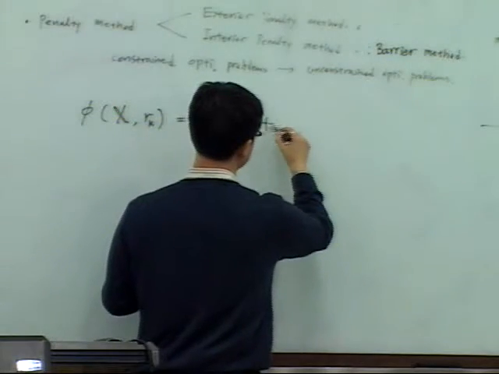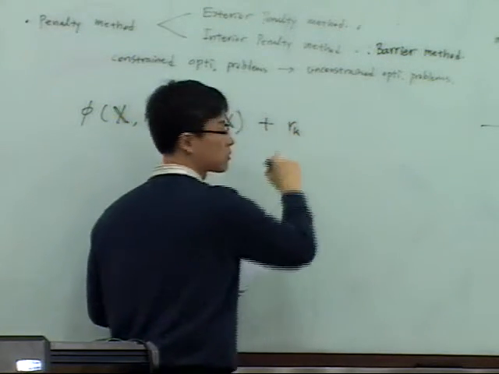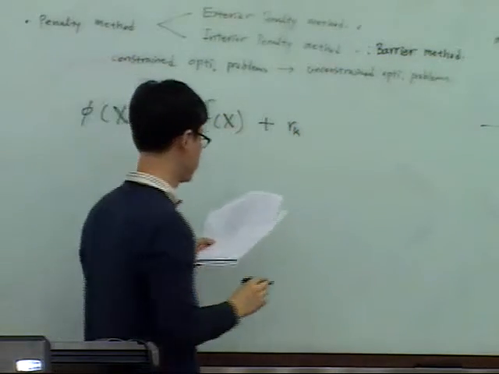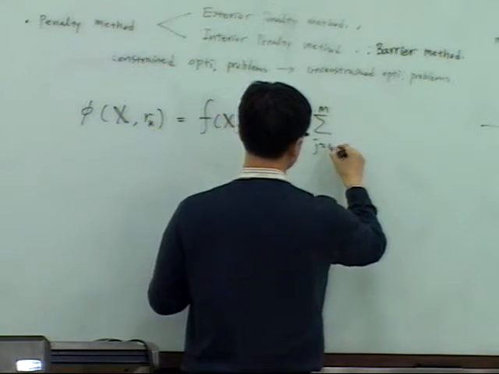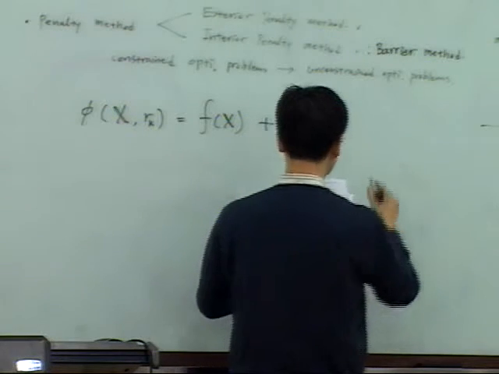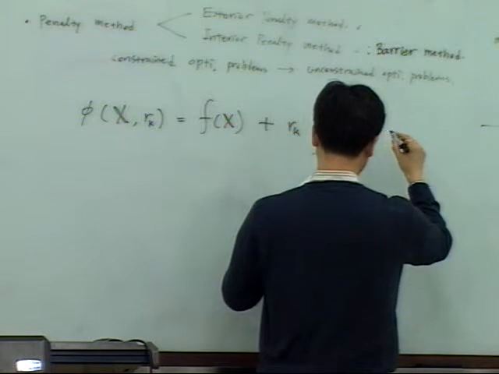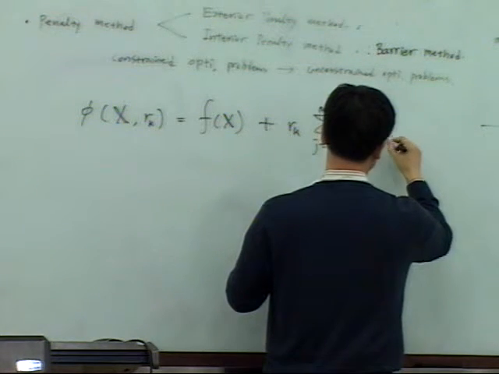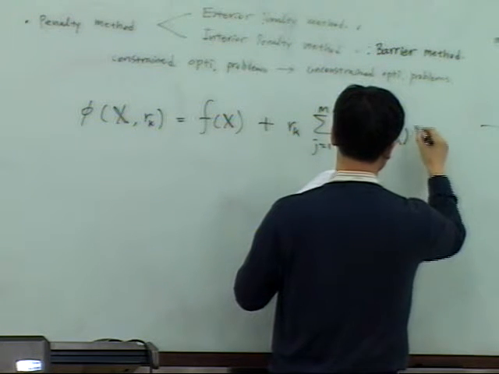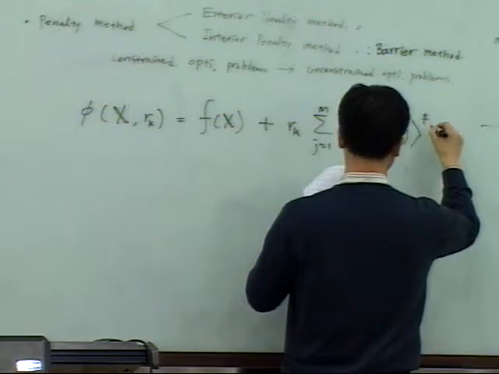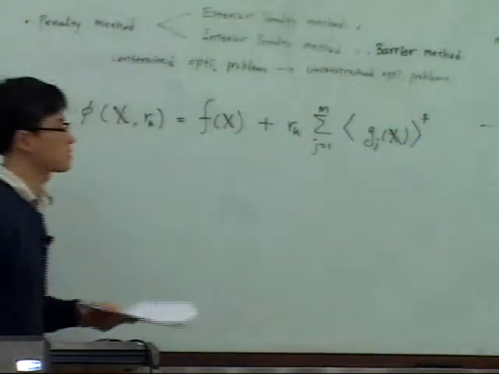However, it also has a penalty parameter, a summation of all the inequality constraints, and it's a bracket function. And it also looks like this.